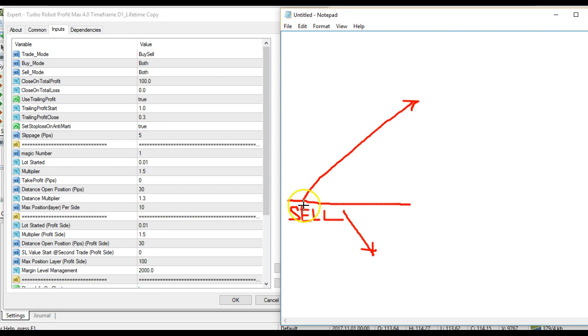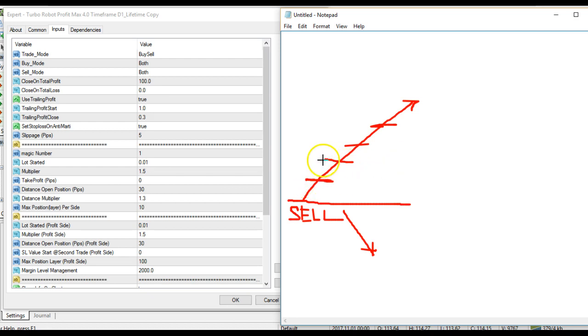So let's say it's a sell trade and the market reverses to the opposite side. You will have 1.5 here, 1.5, and you have your distance as well. I think we have discussed this in our previous video in the training manuals, so you can refer back on how this works.